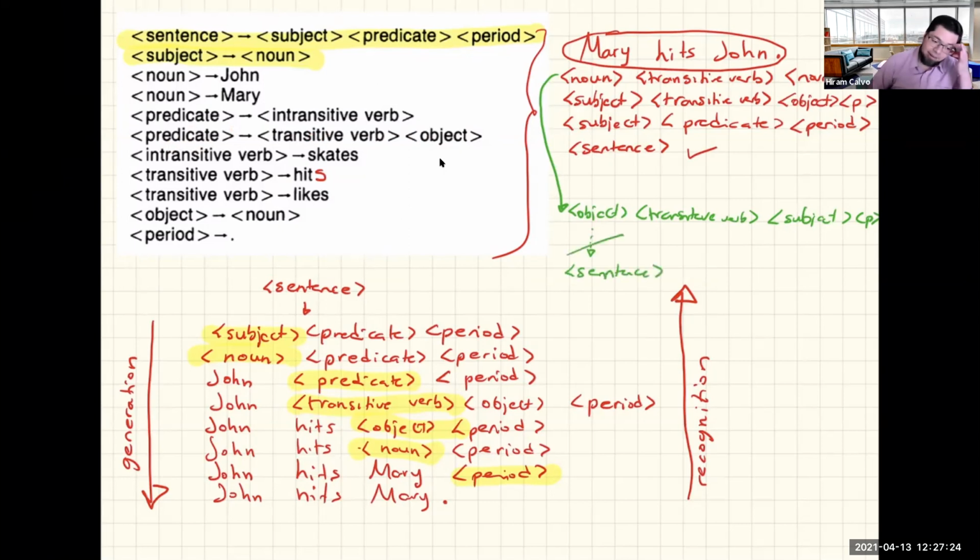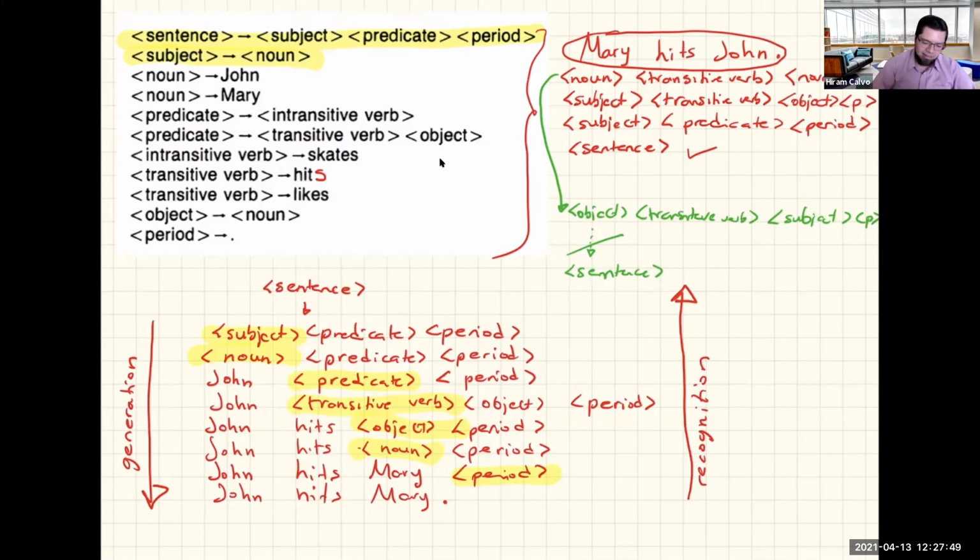This is very similar to the process we did with non-deterministic finite automata. Because do you remember that there were many different ways to recognize or to read a symbol? And as long as there was just one way of accepting a string, then we can say the string can be accepted.